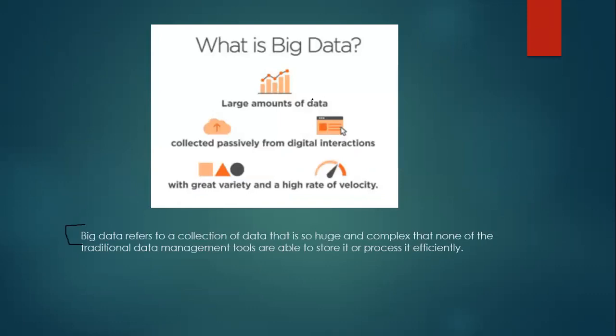because per minute the data is being generated in higher volume. Second thing, whatever data you are getting on the internet is not always in one type of format. It means we have a different variety of data, and in large amounts.